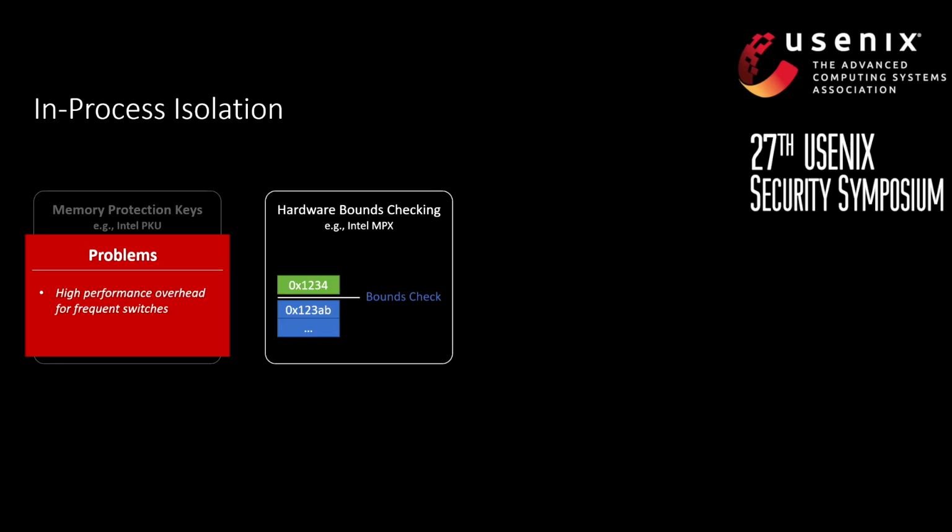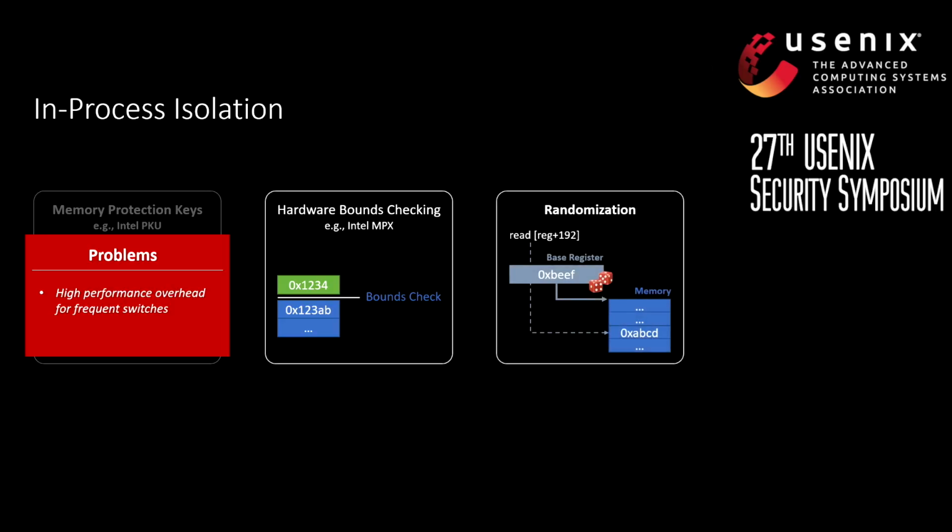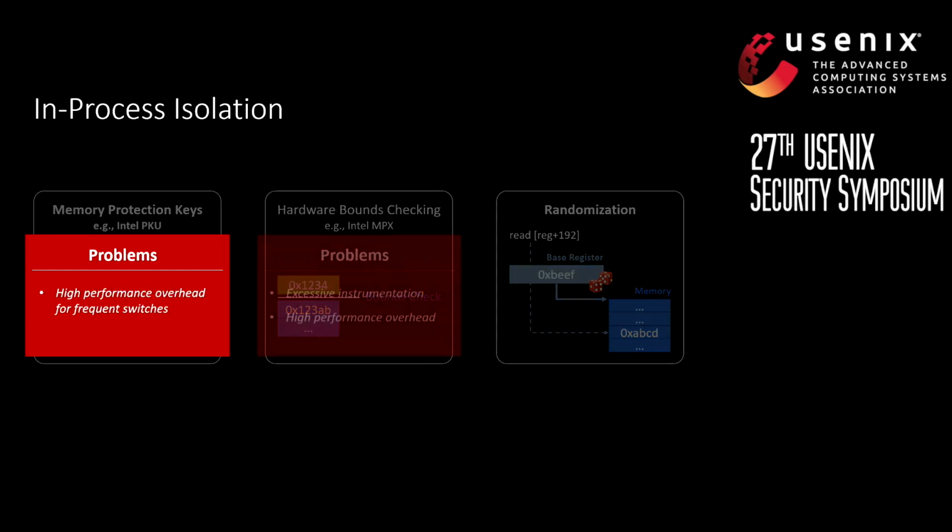So what else do we have? We have hardware bounds checking by now. So you can, for example, for a buffer overflow, prevent this by using hardware bounds checking instead of software. We can use this for a two-sided check and see how far an isolation region goes. And we have good old randomization, but as I told you, there might be problems.